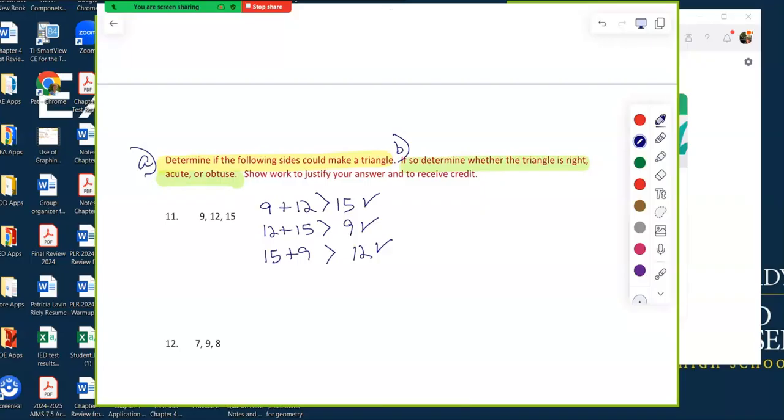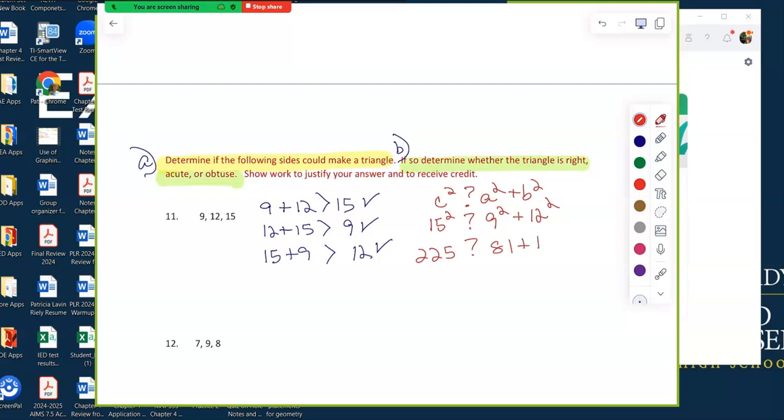Once I know it's a triangle, I then figure out what kind of triangle it is. So I'm going to say C squared, question mark, that is key. A squared plus B squared. The C squared is always the biggest side. So 15 squared, question mark. A squared can be 9. These are interchangeable. 9 squared plus 12 squared. Okay, 15 squared is 225. 9 squared is 81.